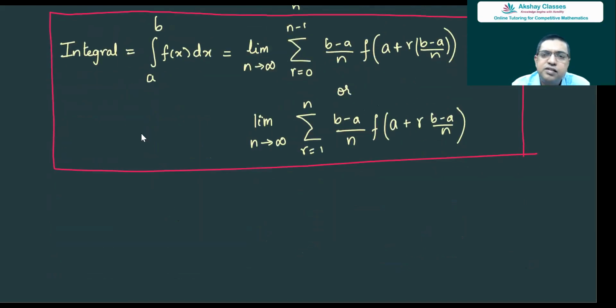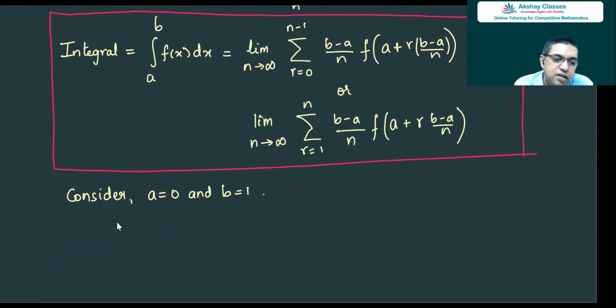Now we'll see the pattern. This one is a little difficult, but now consider a simpler case. Consider a equal to 0 and b equal to 1. Okay. So what happens to all this? So you get limit n tending to infinity, sigma r equal to 0 to n minus 1.